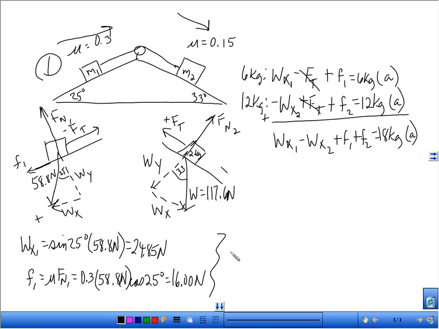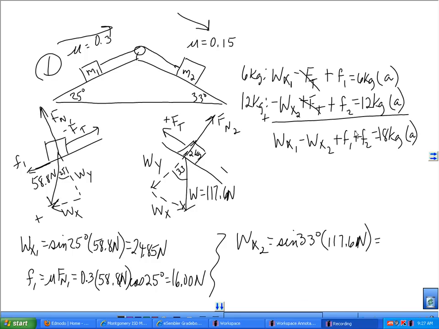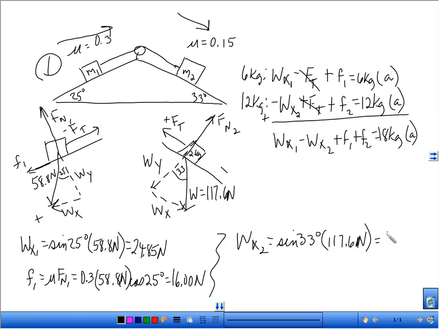Alright, now I'm going to go over here and deal with Wx2. Wx2 is going to be the sine of 33 times 117.6, because that's the weight of the 12 kilogram object. So the sine of 33 times 117.6 gives me 64 newtons.